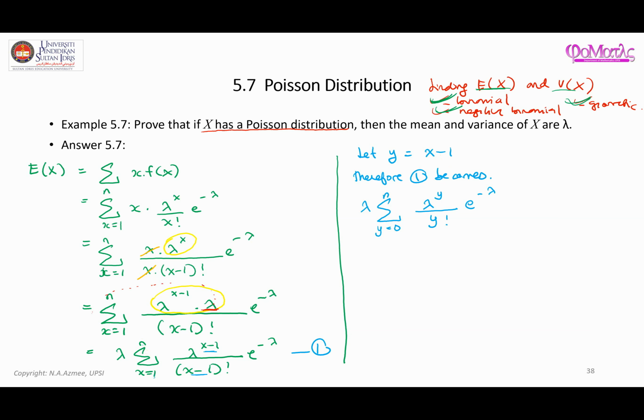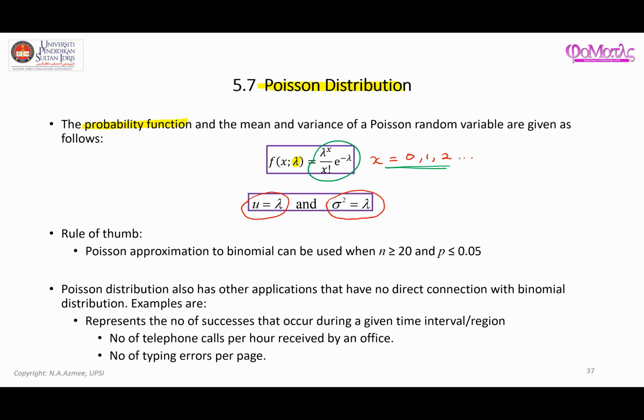Now, I hope you can recognize that this part right here looks similar to the Poisson probability function, except that we have a different letter: instead of x, we have y and y factorial.